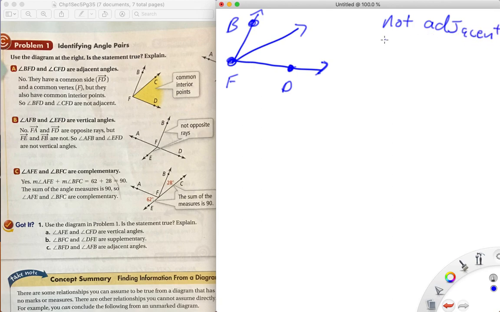So we said that for something to be an adjacent angle, there are three conditions.